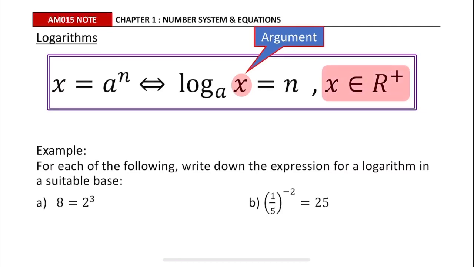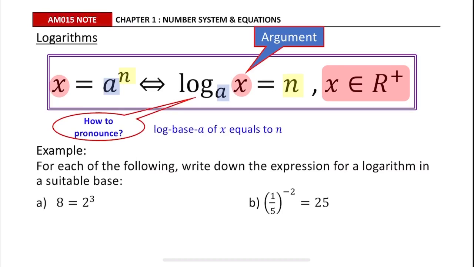We notice here that the base of the index form is the same as the base of the log, and the power of the index form is equal to the value of the log. Meanwhile, the argument of the log is equal to the value of the index. We pronounce the logarithm as log base a of x equals n.